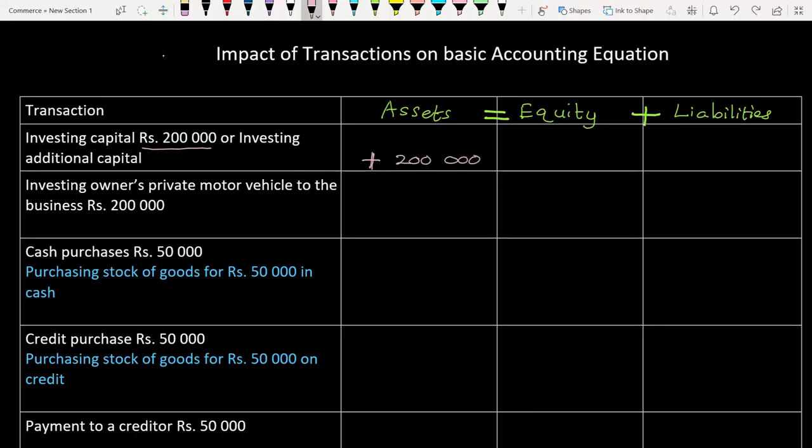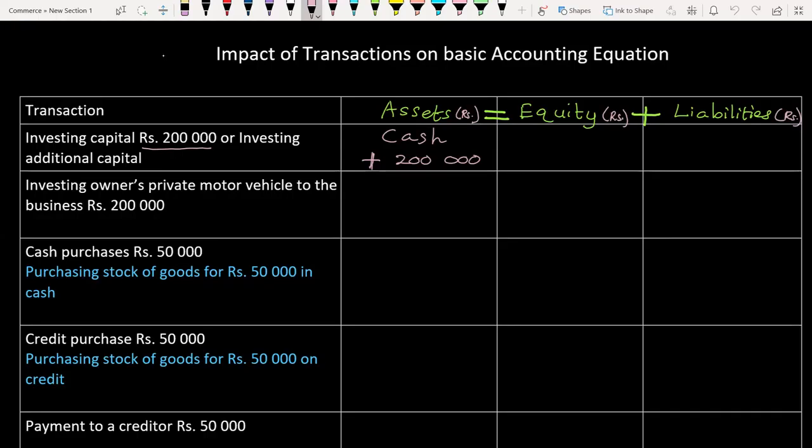All these amounts are in terms of rupees. Now, which asset increases? It's cash. Because of cash, the total assets in the business increase by rupees 200,000. Now, this is impact one.